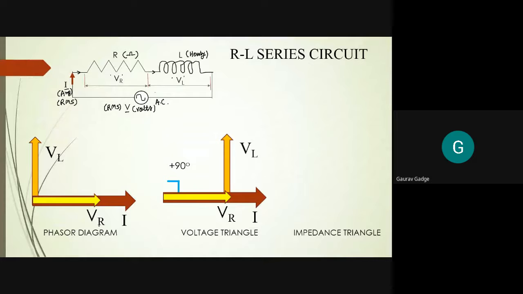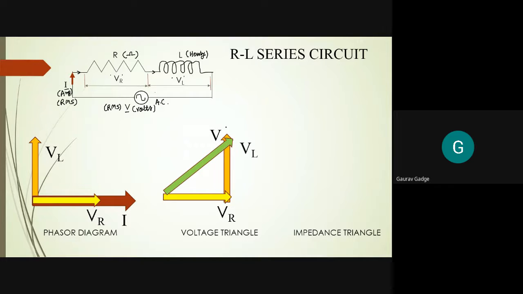Now I just remove the 90 degrees because it is shown that it is perpendicular. Now I just remove the current reference. And when we say a triangle, I have to make a third phasor, a third line, that is the resultant line, and that resultant line is nothing but the hypotenuse. So what is that hypotenuse?